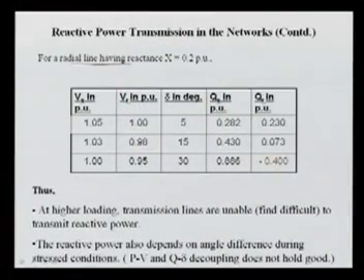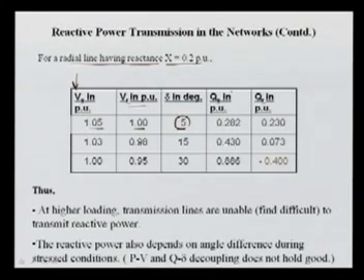I have taken one example for the same radial transmission system, where this line has a reactance x equal to 0.02 per unit on a 100 MVA base. The sending end voltage is kept at 1.0 and the receiving end voltage is 1 per unit. The angle for the given load is 5 degrees.